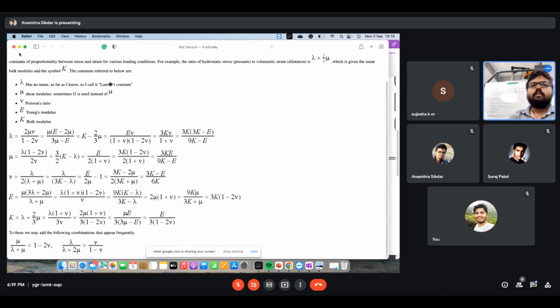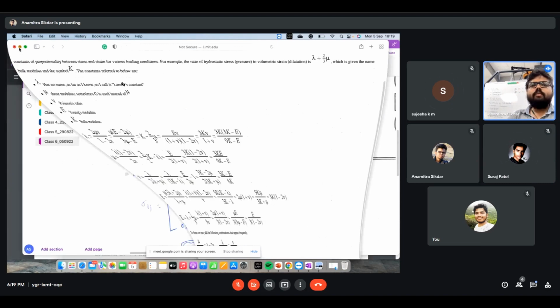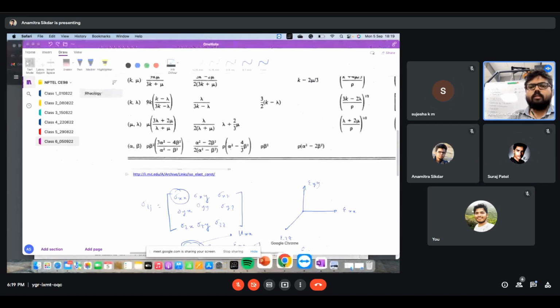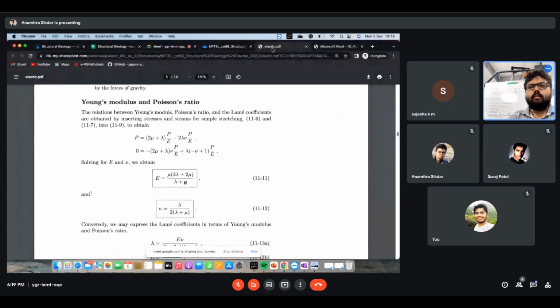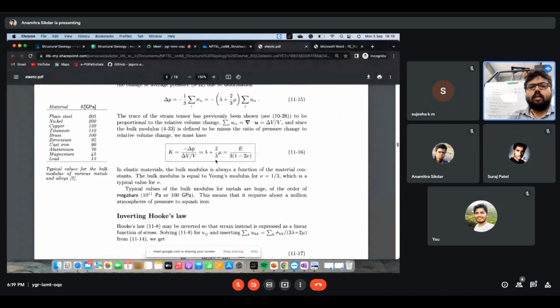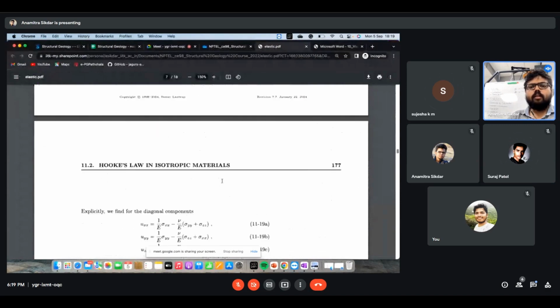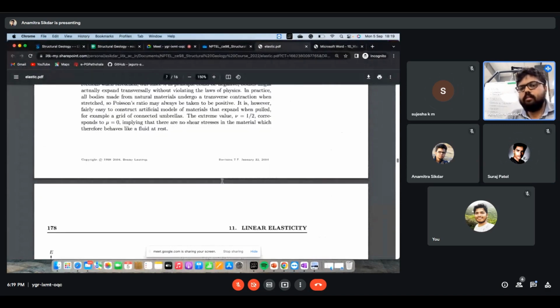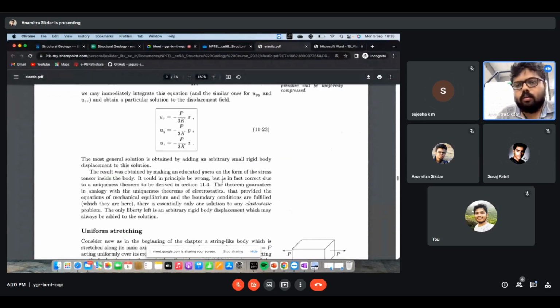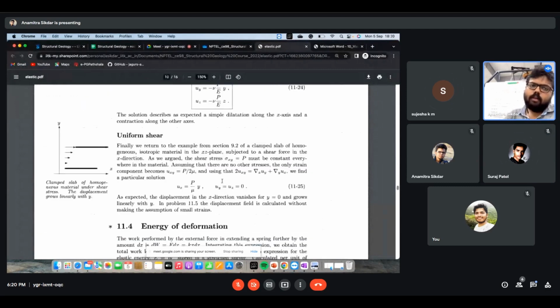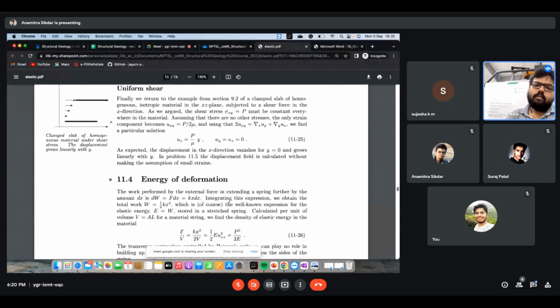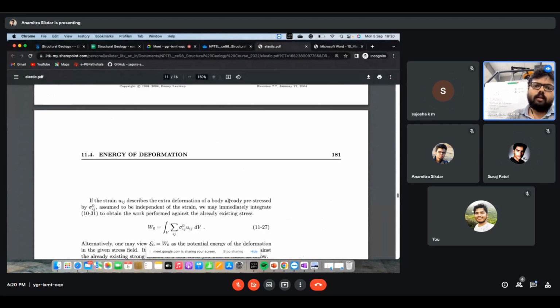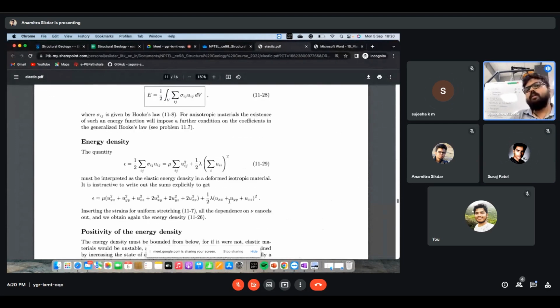In this PDF, you will get all the necessary information that is required for this kind of derivation. You don't need all this. If you feel interested, you can just go through it. If you find any problem, then you can ask. Otherwise, it is not really required at this basic stage of structural geology.